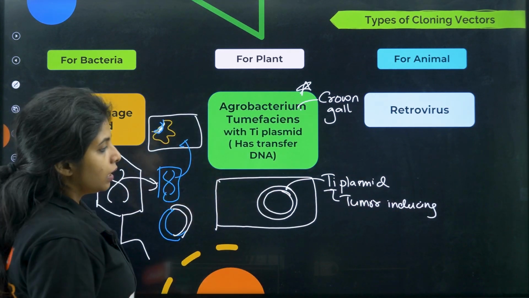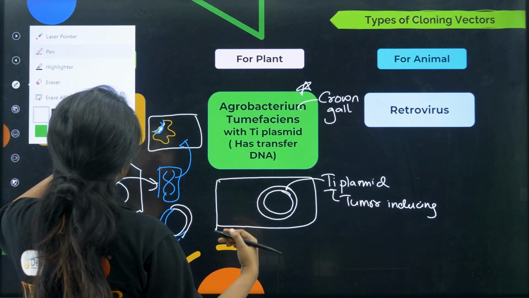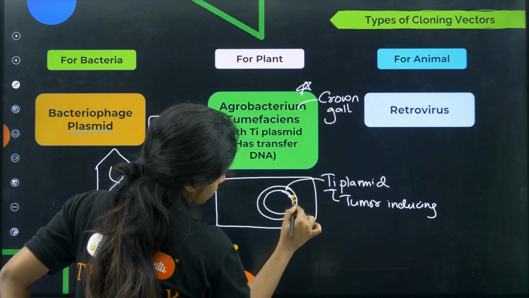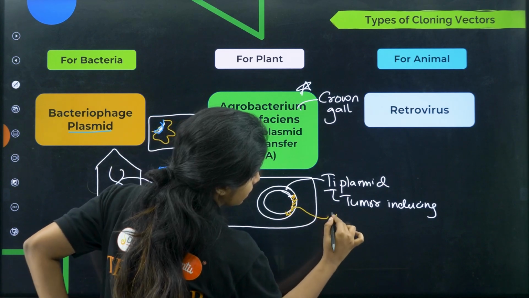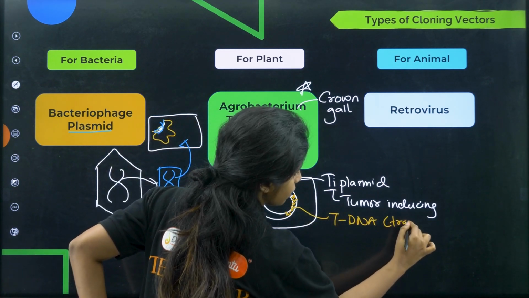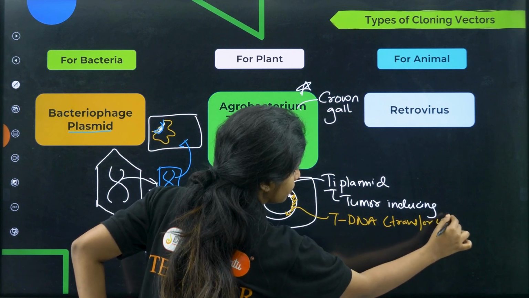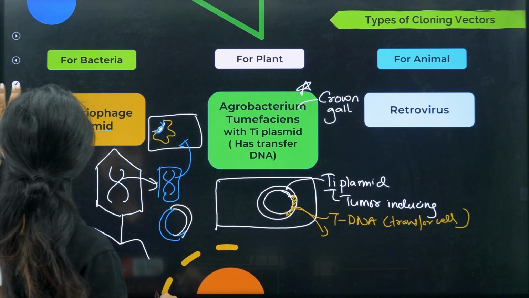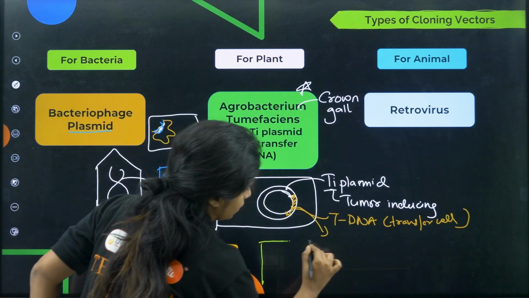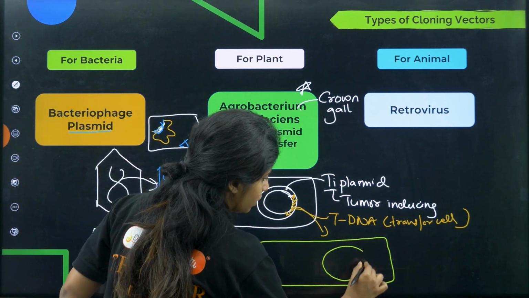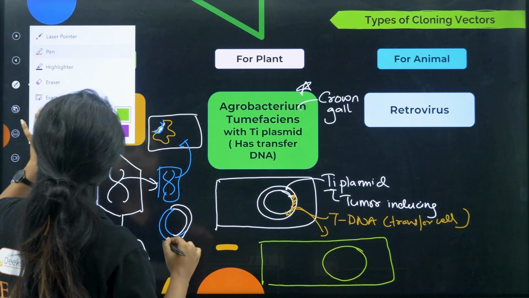Okay, and how is the Ti plasmid going to cause a tumor? Basically it has a portion known as tDNA, or transfer DNA. This plasmid gets out and gets inside the plant cell, within the nucleus.